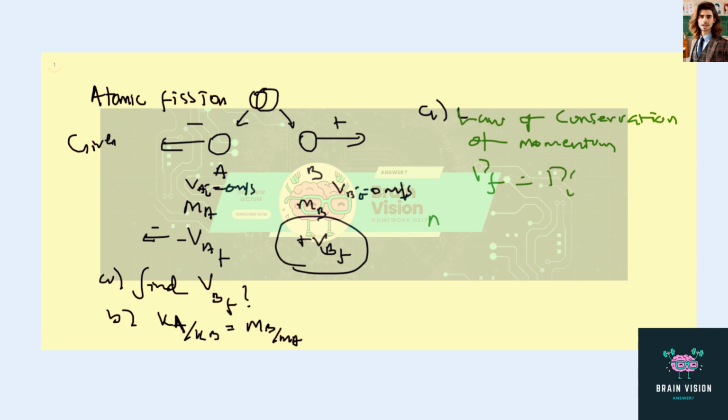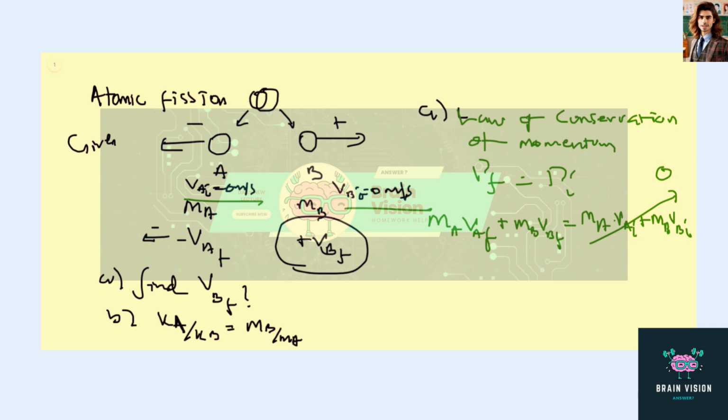The final momentum is the mass of A times the final velocity of A plus the mass of B times the final velocity of B, and this is equal to the mass of A times the initial velocity of A plus the mass of B times the initial velocity of B. Remember, this whole thing becomes zero because the initial velocities of both A and B are zero.